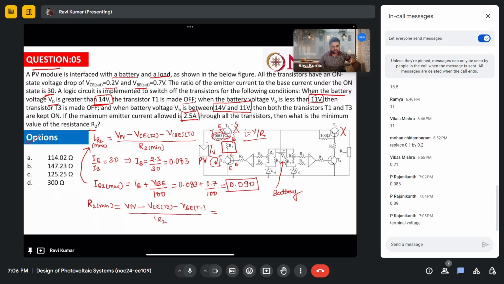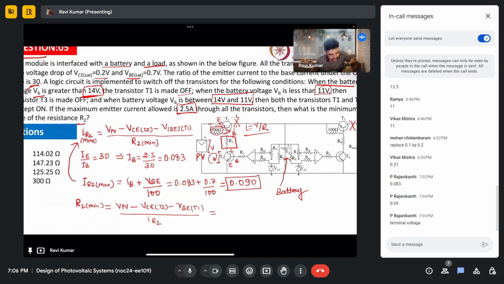We can say this CE. We have a voltage here, V. We have a voltage here, V. And we have a voltage here, V. So this V is given in the charge condition as 14.